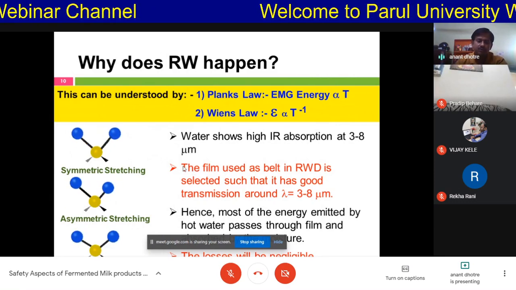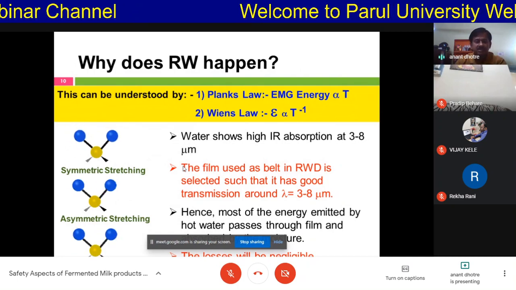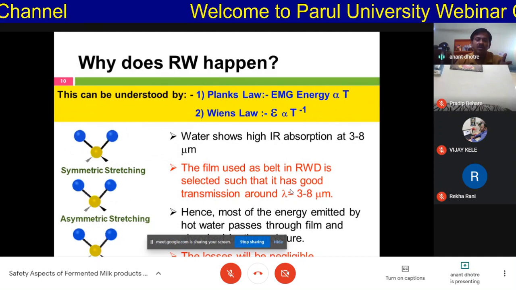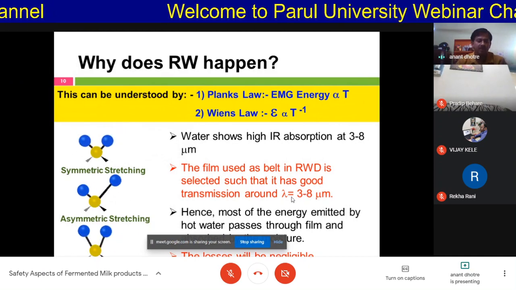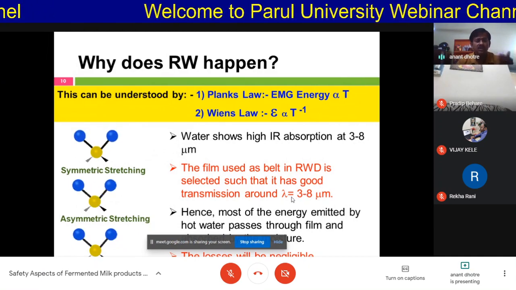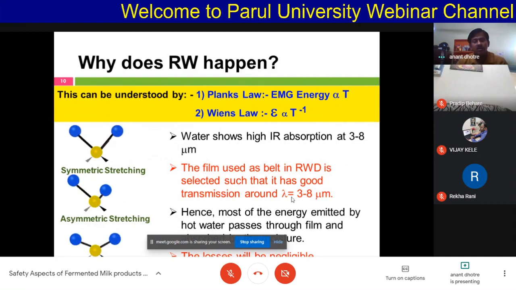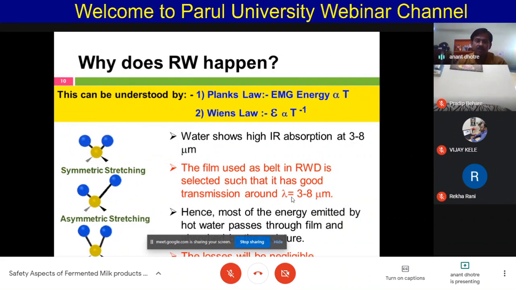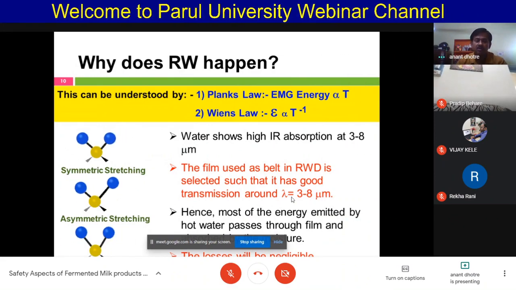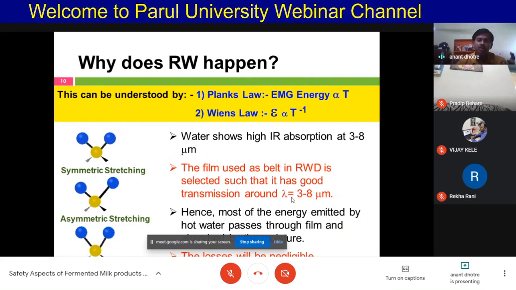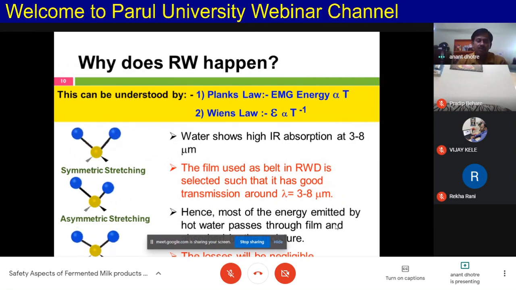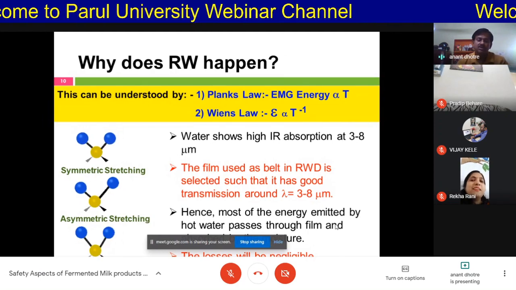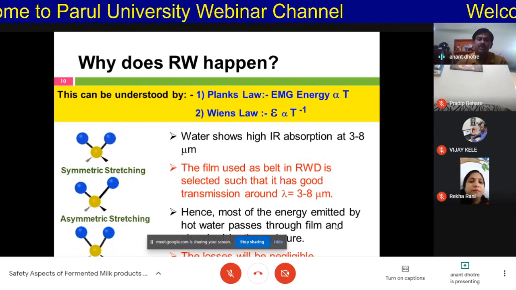Now if we use a film which possesses selective transmittivity, or the highest transmittivity, around 3 to 8 micrometers of wavelength, then it will permit all the radiation through it to go to the above side wherever water is available, and that water will completely absorb all this energy that is coming across the belt. So thus the losses will be very negligible.